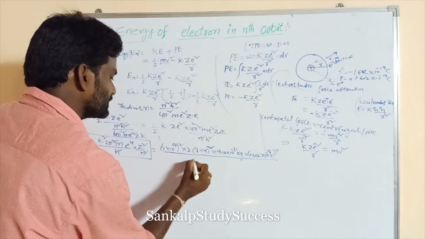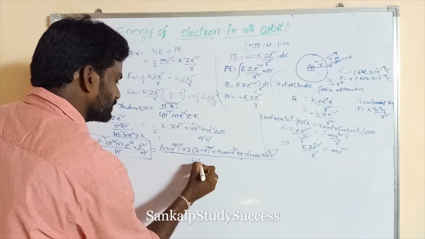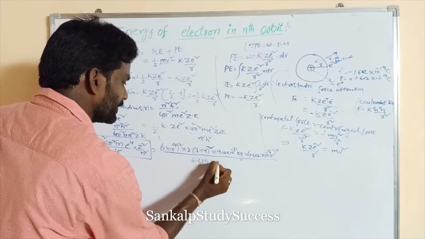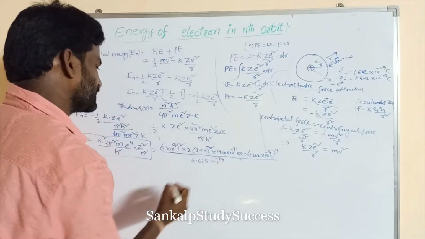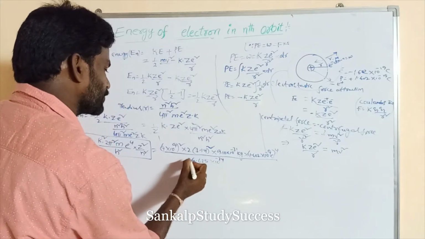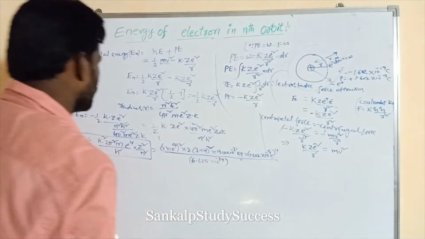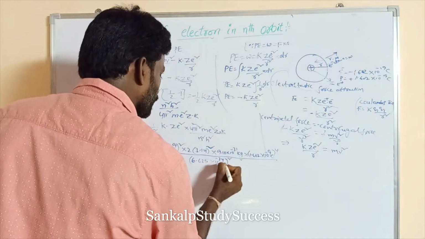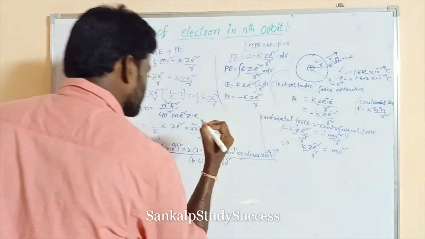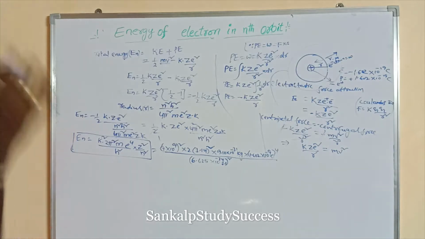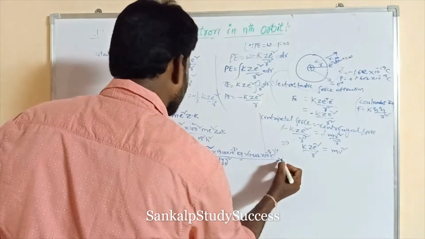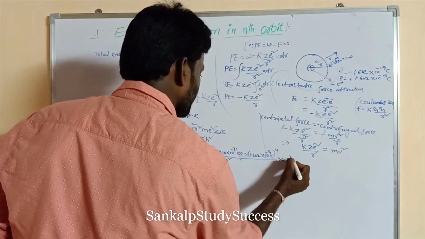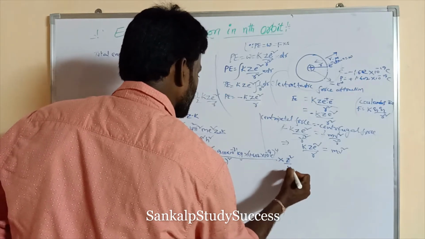The h value is 6.625 into 10 to the power of minus 34, whole square. What are its units? Joule into second. So this value is also taken in MKS, and these are variables, z square by n square.